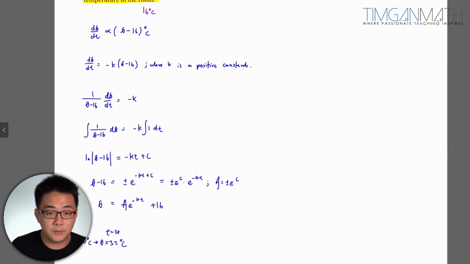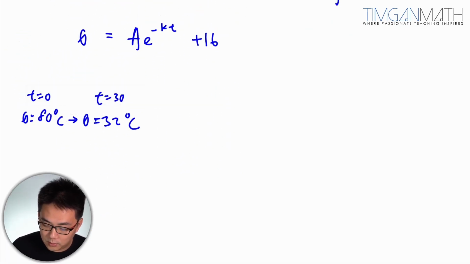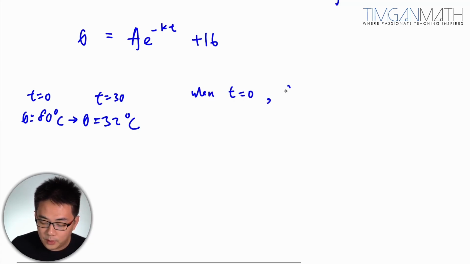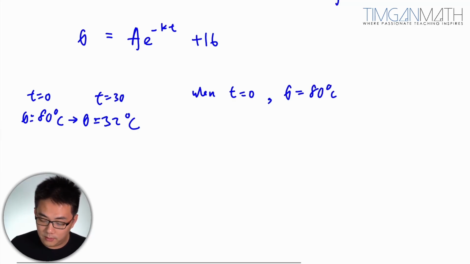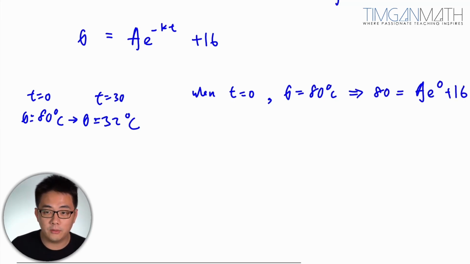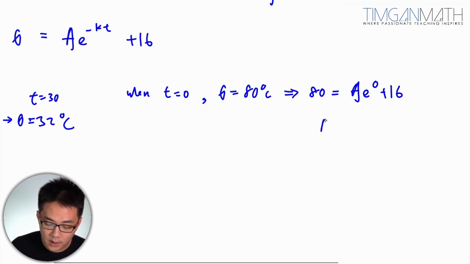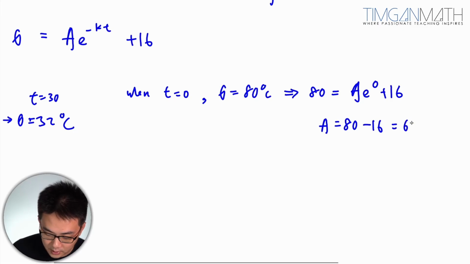This boundary condition helps me a lot because when t equals 0, we know that the temperature was 80 degrees at the very start. Once you use this to substitute into this expression here, which is 80 equals A e to the 0 plus 16, you can actually solve your A straight away. So e to the 0 is 1, A will be 80 minus 16, which is 64 degrees.